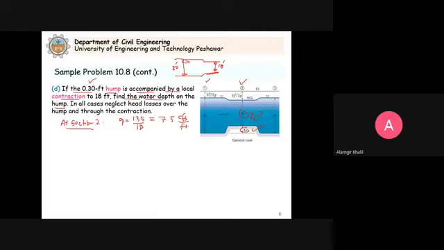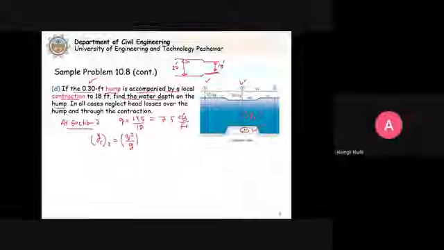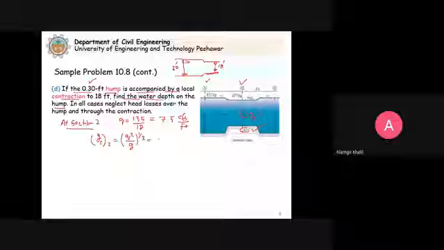Now for this we can calculate YC, because YC will change. It depends on the discharge. So YC at section 2 will be equal to q squared divided by g, to the power 1 by 3. So this is equal to 1.204 feet.